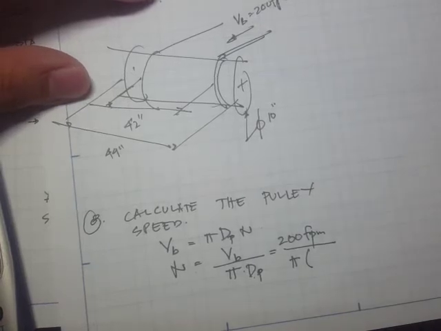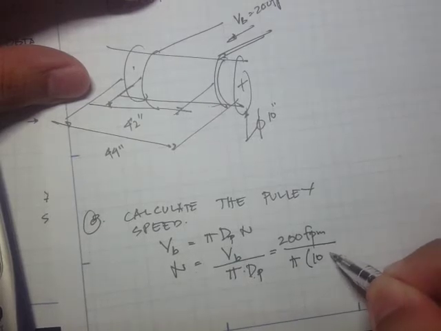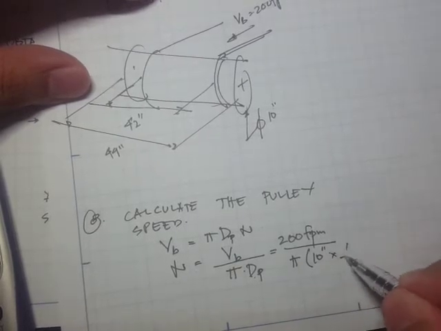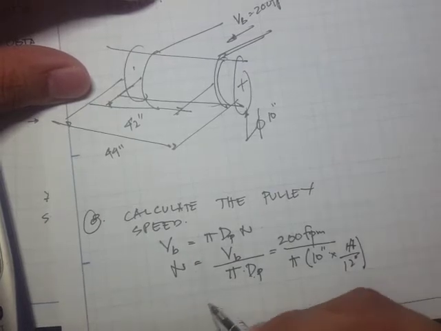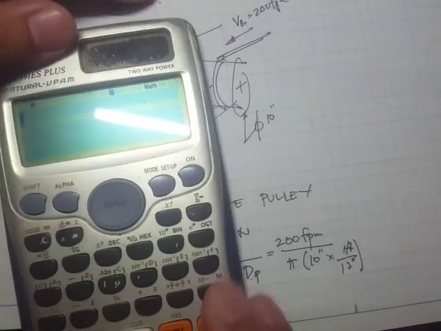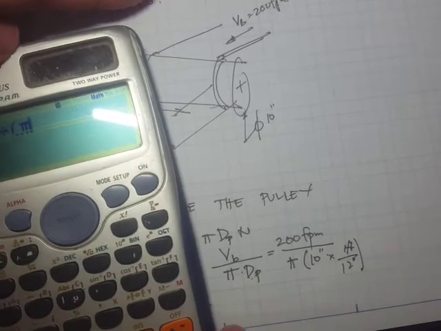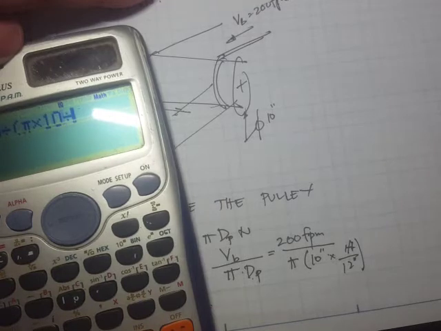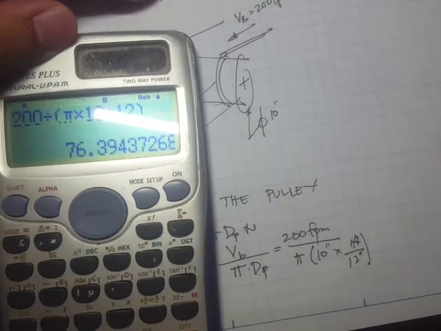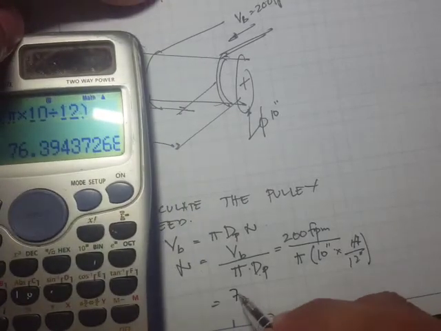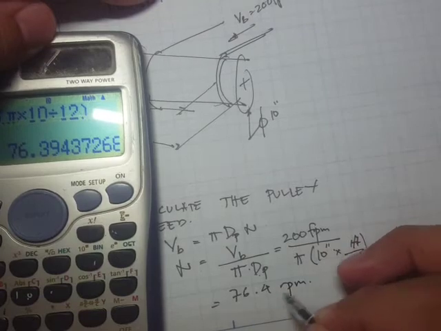we have to convert this 10 inches times 1 over 12 inches, that's 1 foot. That's gonna be 200 divided by pi times 10 divided by 12, and we have 76.4 rpm.